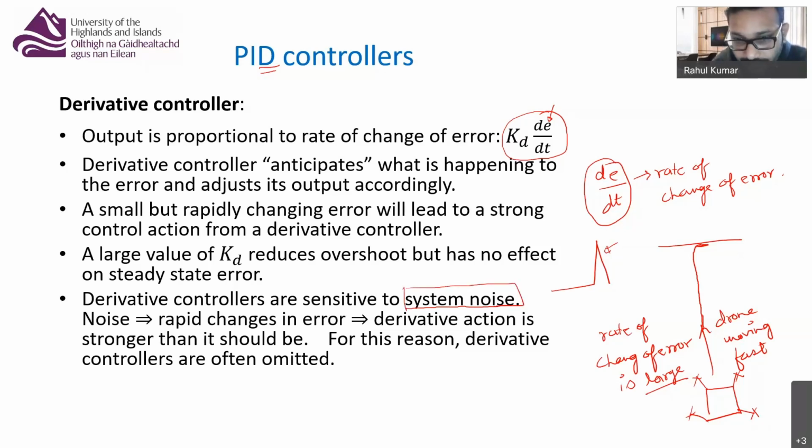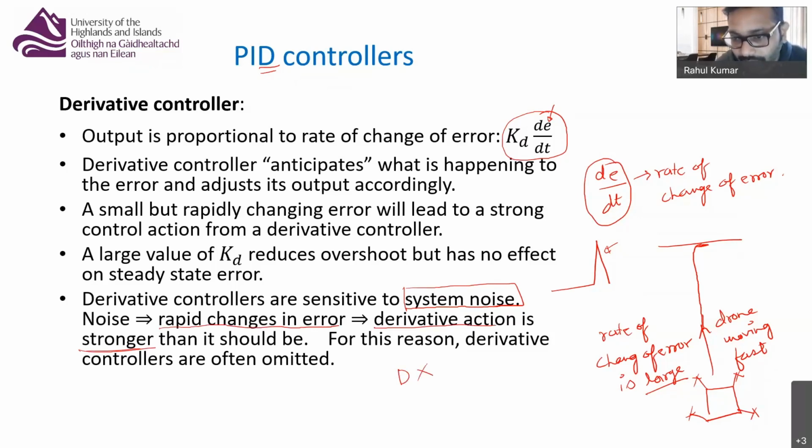If you have noise, a rapid change in error, it will mean that the rate at which error is changing is quite rapid, and accordingly the derivative controller will produce a strong control action. So the derivative controller is also never used alone.